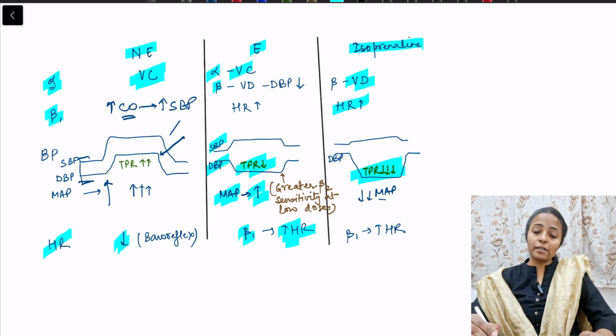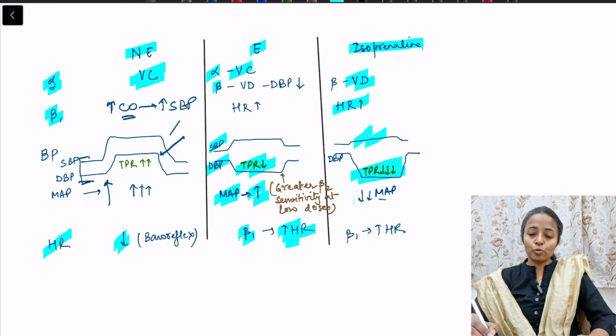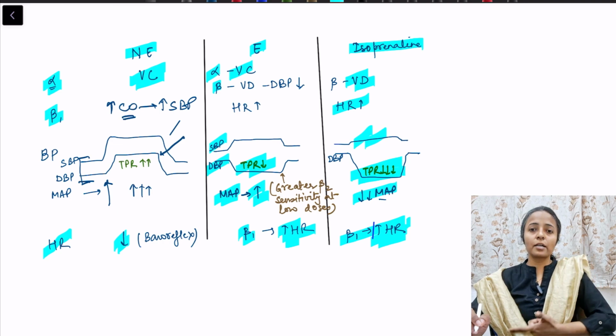Systolic blood pressure, even though it is increasing, you see mean arterial pressure is going to decrease. Okay. So because of its beta 1 action, we have a much greater increase in the heart rate. Simple. Norepinephrine: vasoconstriction occurs and heart action increases the cardiac output.